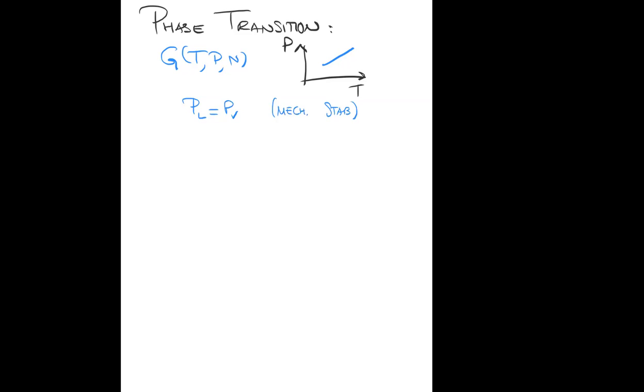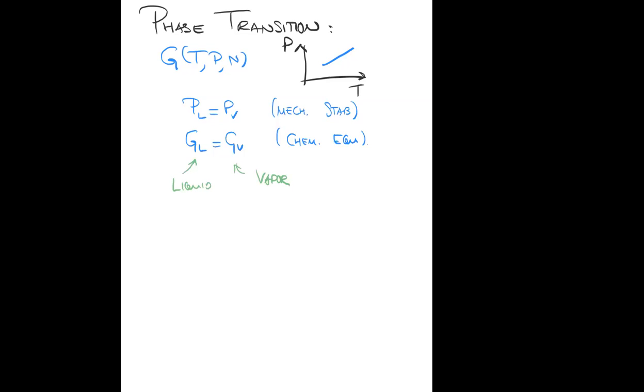Otherwise, particles would go from one phase to the other. So the Gibbs free energies of these two phases are also the same. The left is the liquid phase, and the right is the vapor phase.